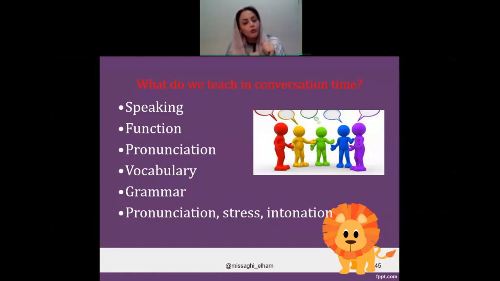So how do you work on listening? When you work on listening comprehension, you put your students in the context, as you said. You ask them questions, you bring up pictures, okay? And then you activate their background knowledge. Now you put all your students in the context. You want to work on listening skills.